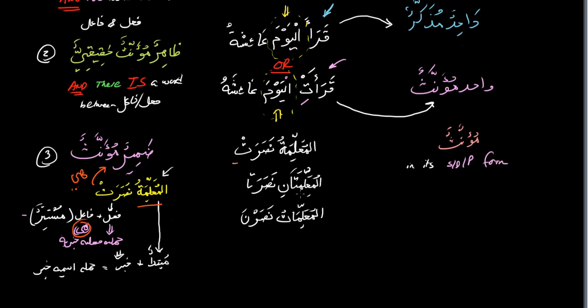Nasara, all right? So it's going to be al-muallimatu, al-muallimatani, al-muallimatu, like this, according to the preceding noun it refers to. If the fa'il is damir mu'annas, the fi'l is going to be nasarat, depending on the preceding noun. Two of them nasarata, plural nasarna, like this. So that's 3. So we got that.